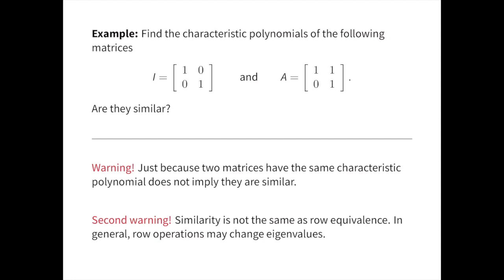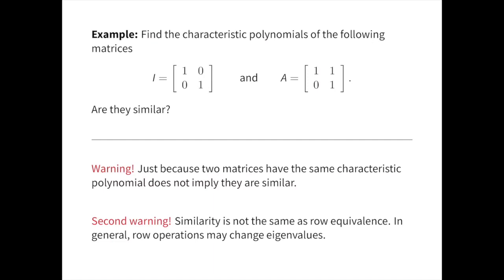And because similar matrices have to have the same eigenvalues, if you're changing the eigenvalues, even though the matrices may be row equivalent, there's no way that they're going to be similar to each other. So similarity is a relationship that you can use to compare two matrices, but it's not the same relationship as row equivalence. So please keep that in mind.